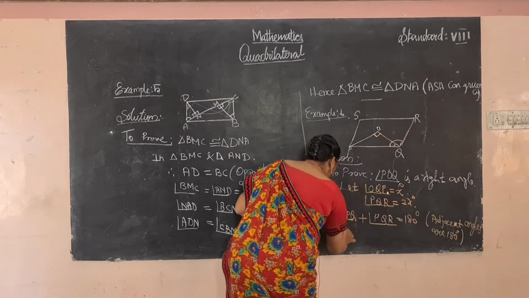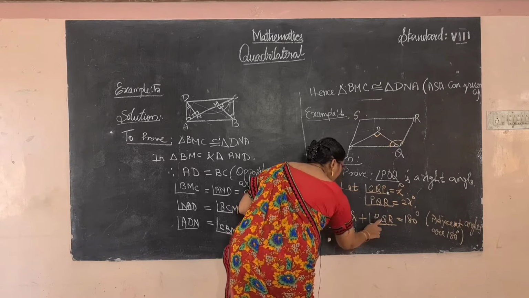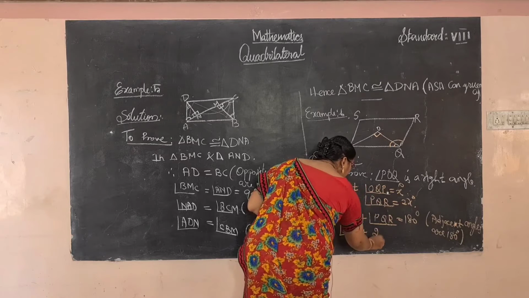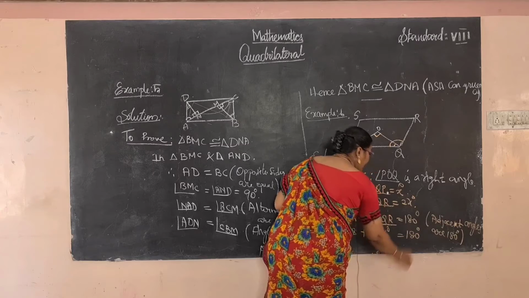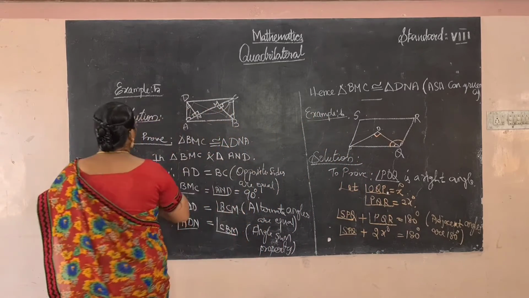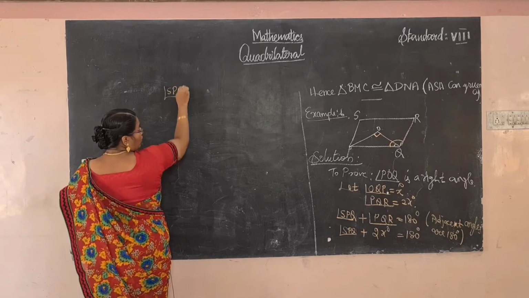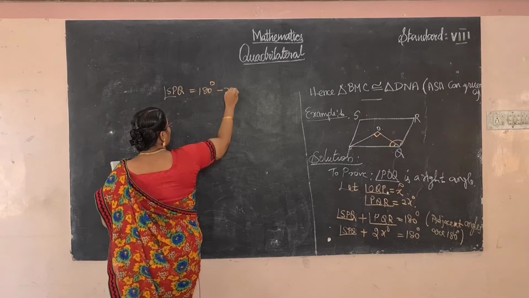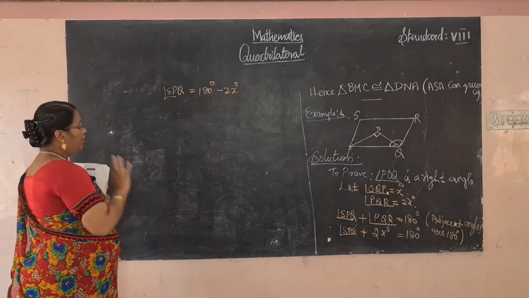Now we find angle SPQ plus PQR, which is angle SPQ plus 2x degrees equal to 180 degrees. So angle SPQ is equal to 180 degrees minus 2x degrees. Don't change, we will keep it here.